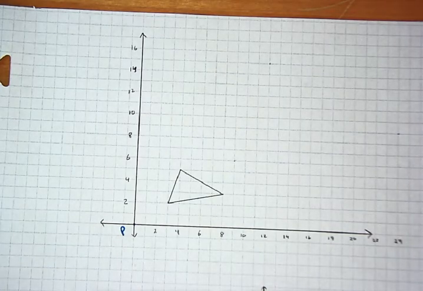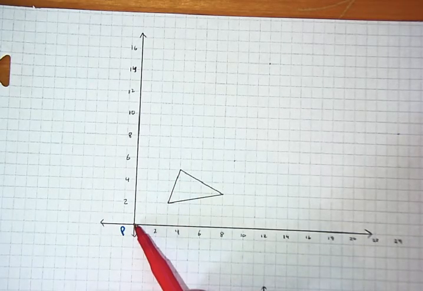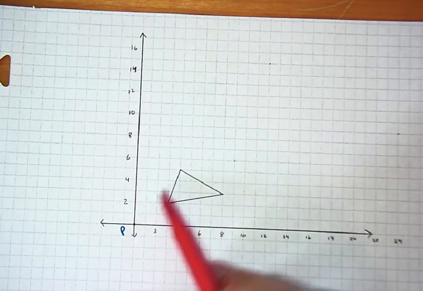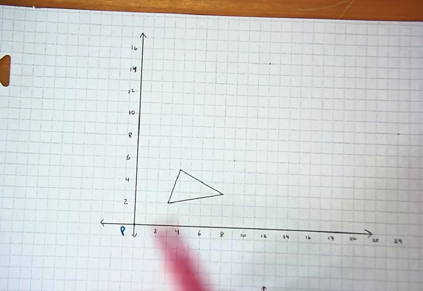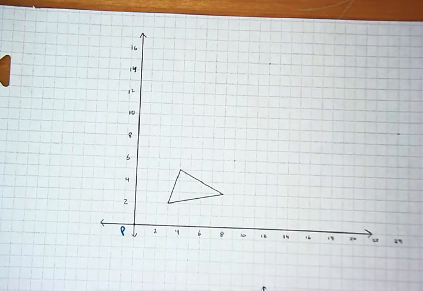And let's dilate, or scale, this triangle by a scale factor of 3 with this as the center of dilation. So once again, we're going to change the distance from this point P to points on the triangle by times 3, or by the scale factor.